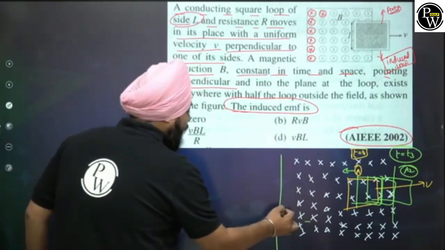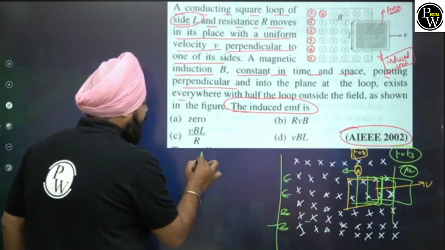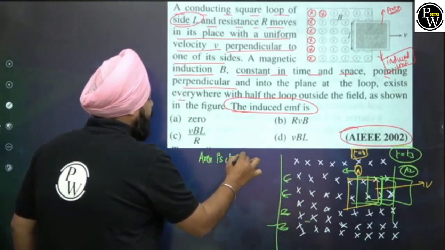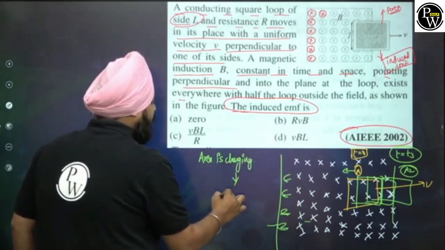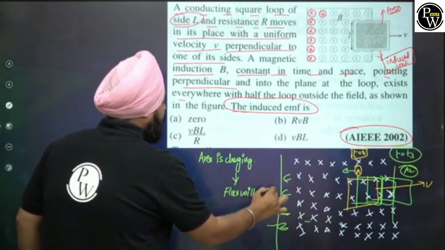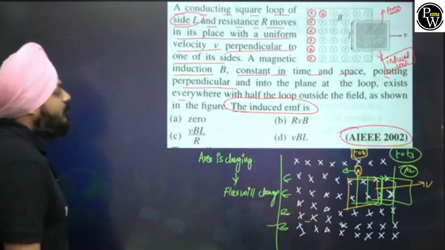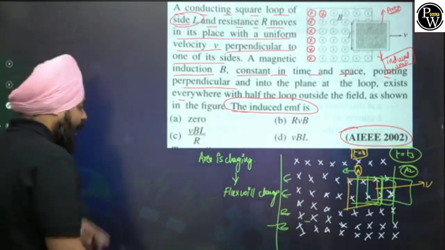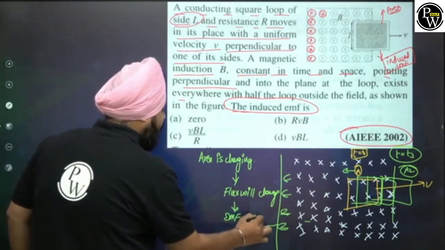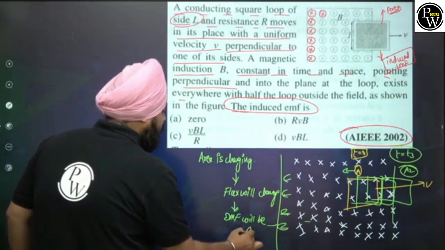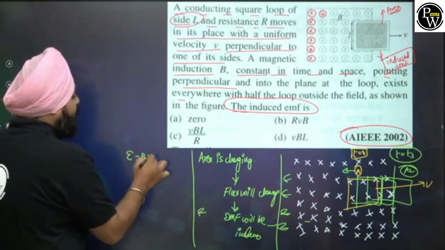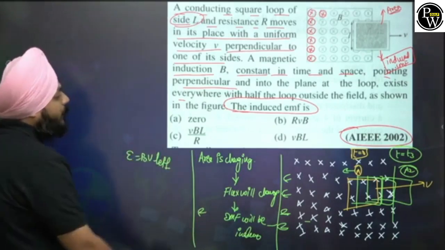One thing is sure: area is changing, flux will change, EMF will be induced. Now what is the induced EMF? E is equal to B V L effective for a loop.